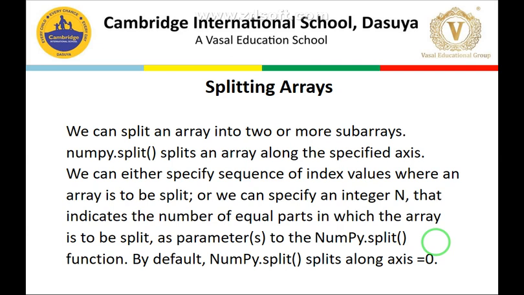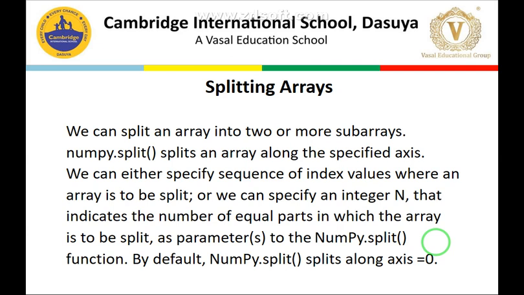We can either specify the sequence of index values where an array is to be split, or we can specify an integer n. That we will look at in the example also. That indicates the number of equal parts in which the array is to be split. As parameters to the numpy function, by default numpy splits along the axis equal to 0.